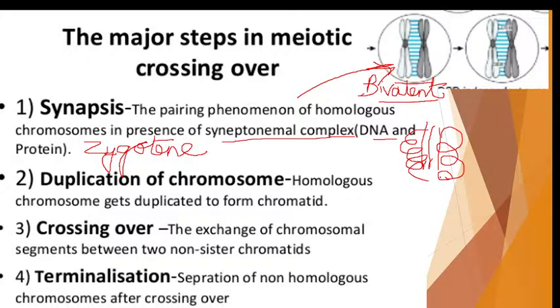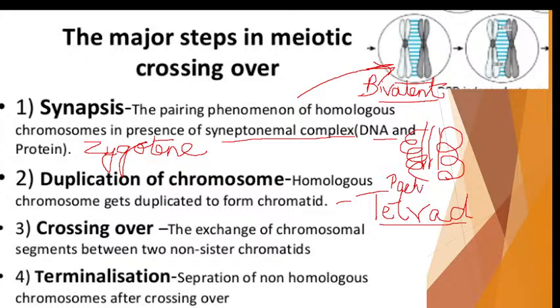The homologous chromosomes will undergo duplication, and as a result, it forms a tetrad, meaning 4.